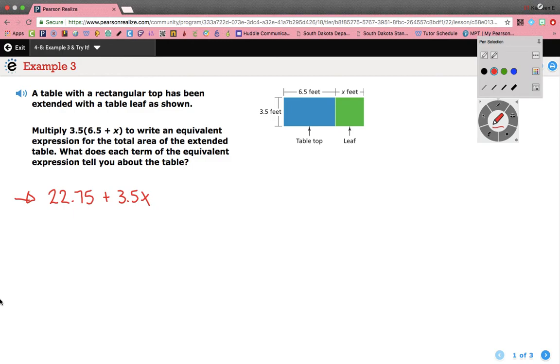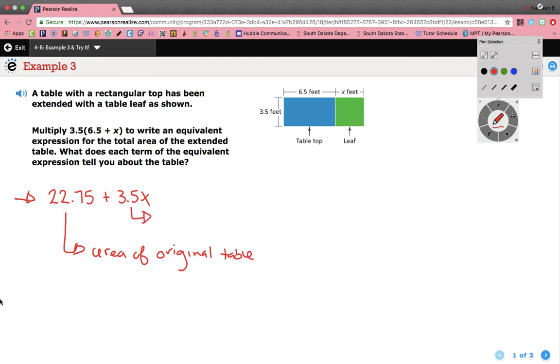What does each term of the equivalent expression tell you about the table? Okay, what does the 22.75 constant mean? And what does the 3.5x mean? Okay, the 22.75 is the area of the original table. And what does this mean?